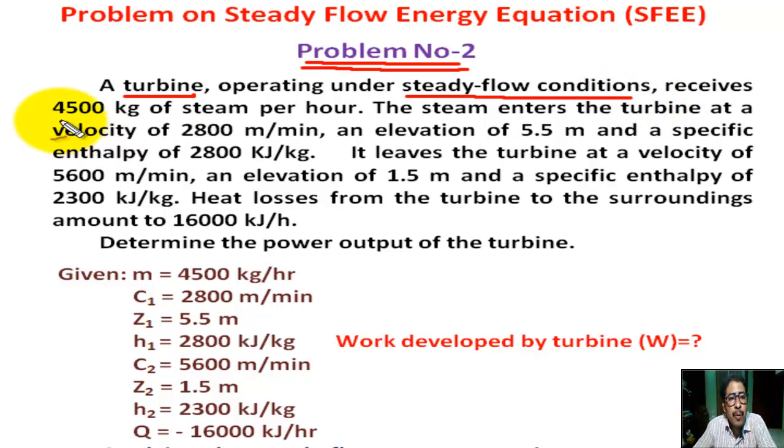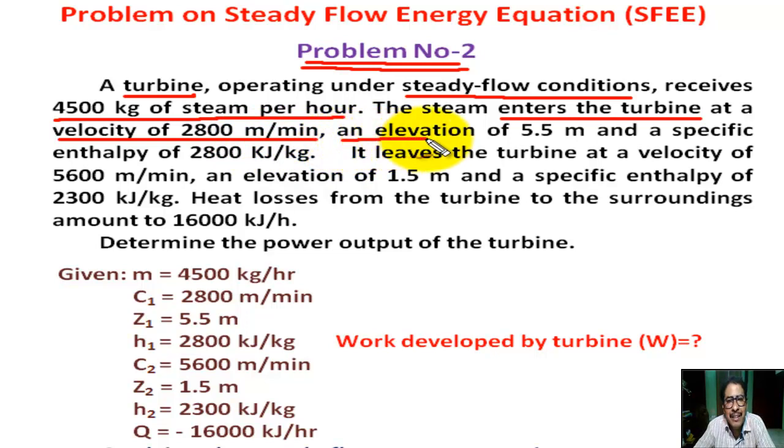receive 4500 kg of steam per hour. The steam entered the turbine at a velocity of 2800 meter per minute. Okay.